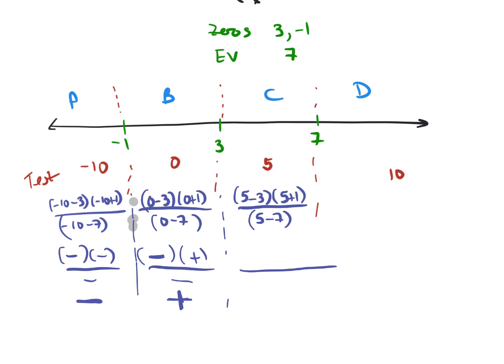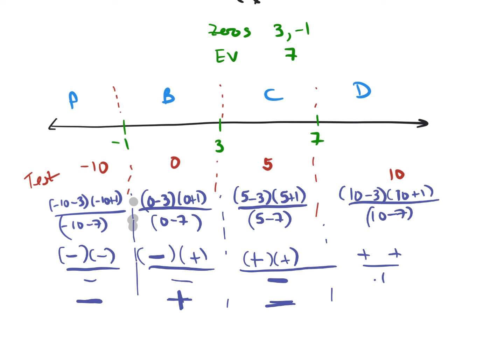So we get positive, positive, negative. So the whole thing is negative. And then finally, I'm going to guess we're going to get a lot of positives. Positive, positive, positive, plus, plus, plus. So multiply 2 positives divided by a positive is positive. So we have negative region, positive region, negative region, positive region.